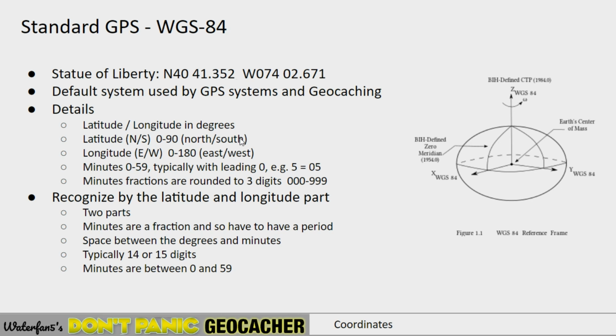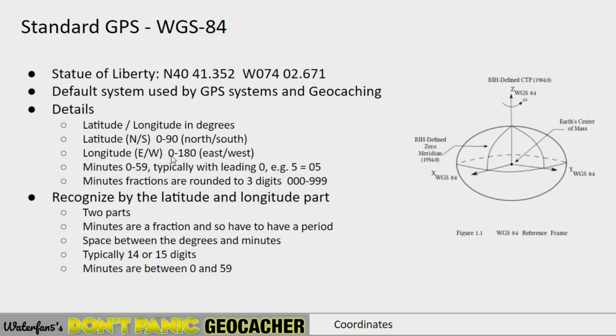Now all of these have specific ranges. So for a latitude, that is how far we go on a circle, how far we go up or how far we go down. And basically, since we're dealing with only a quarter of the circle, we can only go 90 up, north, or 90 down, south. For longitude, whether we are on the front or the back of the circle, we have to now occupy the entire circle.